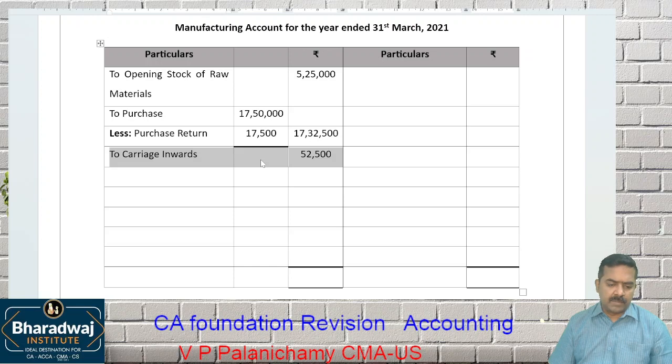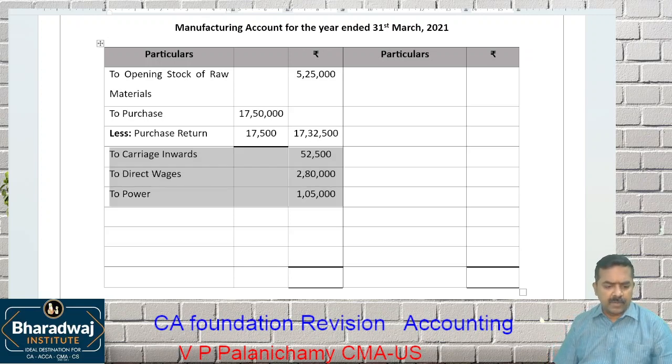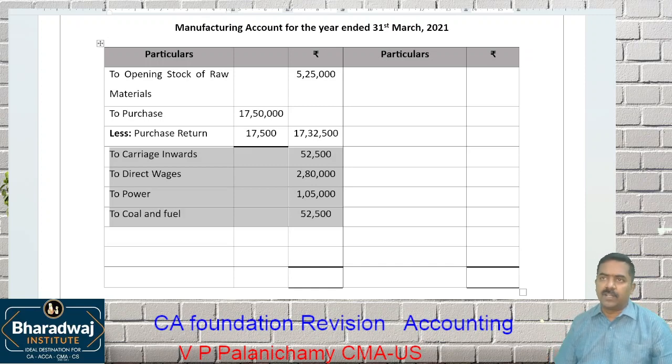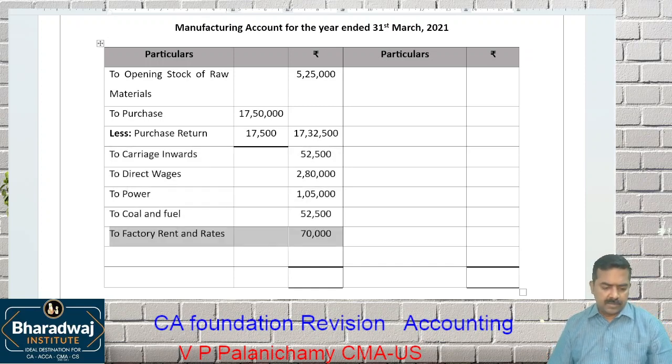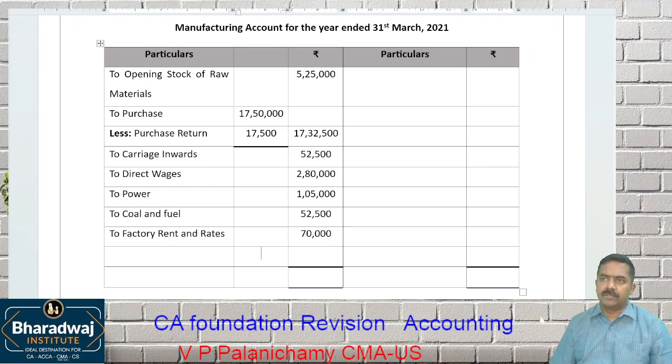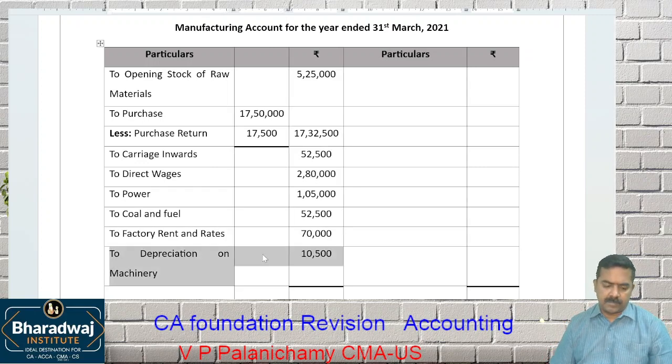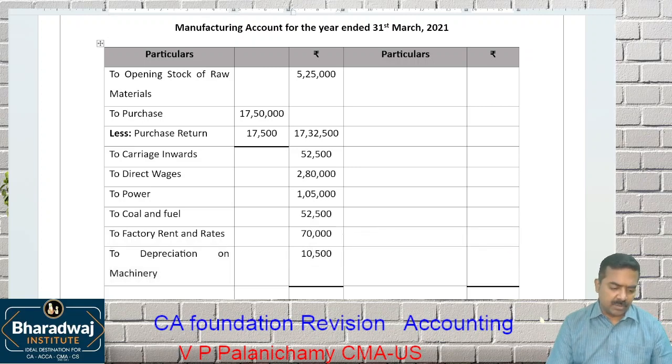Carriage inwards will come, direct wages will come, power will come, coal and fuel will come, then factory rent and rates will come, then depreciation on machine also will come in the manufacturing account.